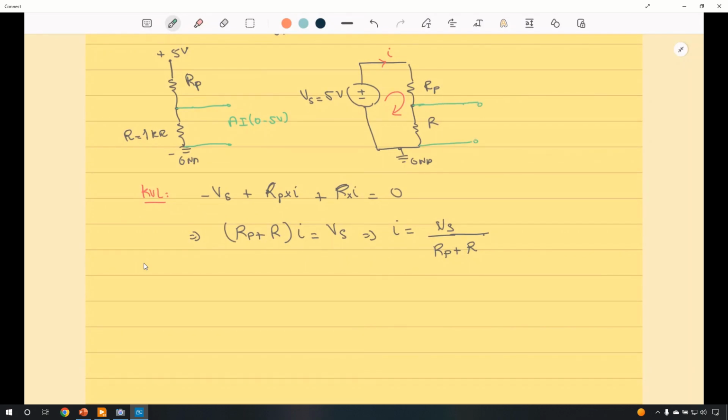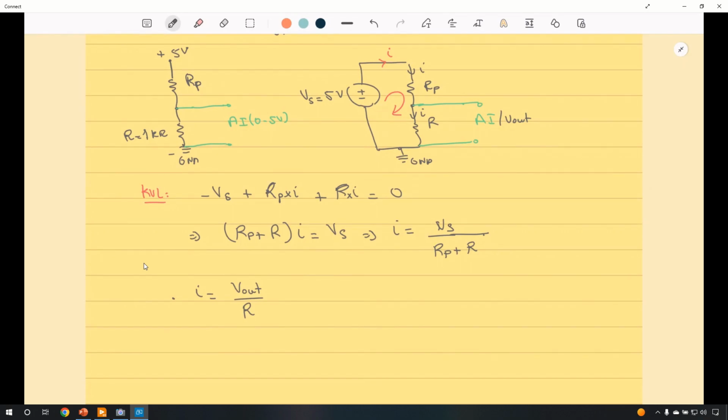Perfect. Now, what we are trying to do here is measure the voltage across R. So we know from Ohm's law that the current right here, I, which is the same current across Rp because we have elements in series, is nothing but, according to Ohm's law, V out over R. And remember that V out is the voltage across R, because this is the voltage that we are trying to measure whenever we vary Rp.